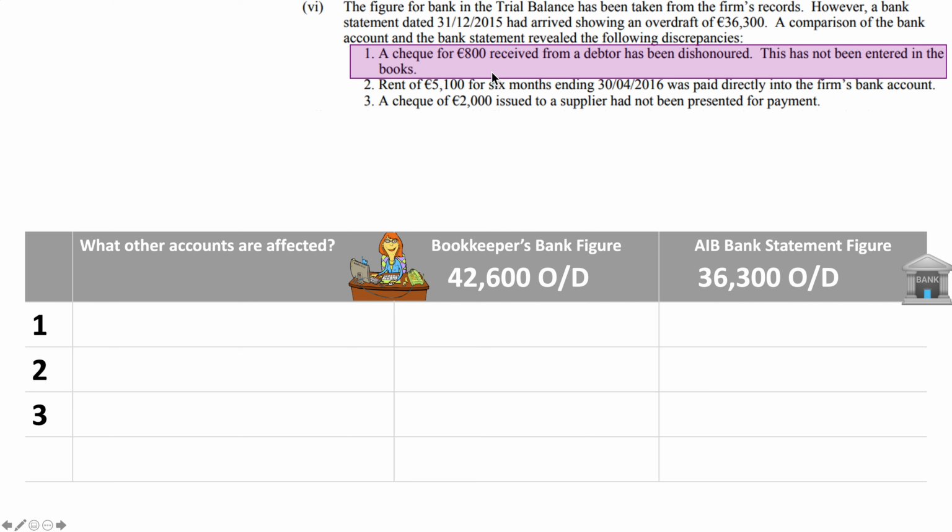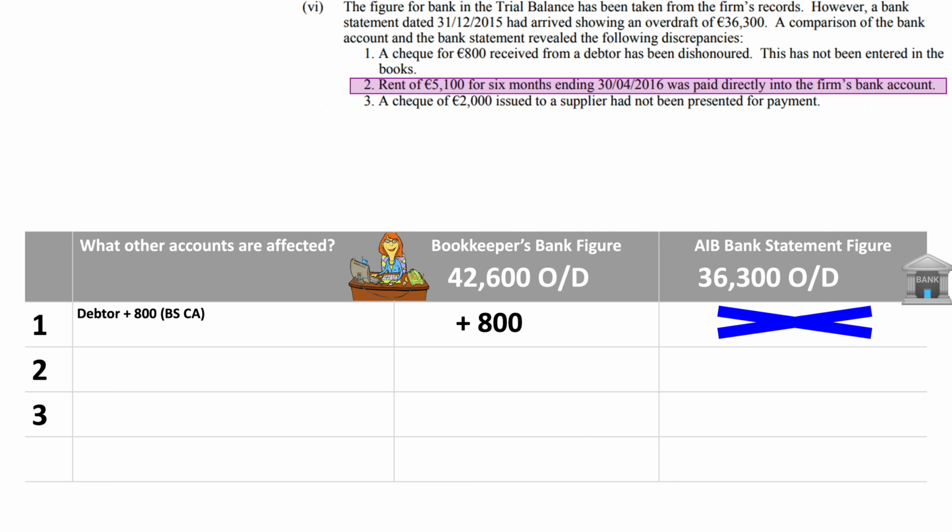Dishonoured means the debtor didn't have it in their account to pay for it. So the bank knows that it was dishonoured. We've nothing to do in the bank here. But when the cheque was dishonoured, that's going to add to the overdraft, because when the cheque was recorded, it reduced the overdraft. So now we have to show that it was dishonoured, so it'll add to the overdraft. And then we need to show that the debtor needs to be increased by €800.